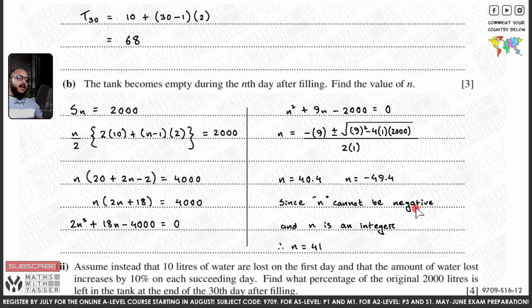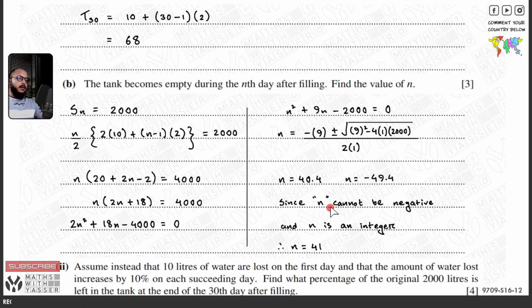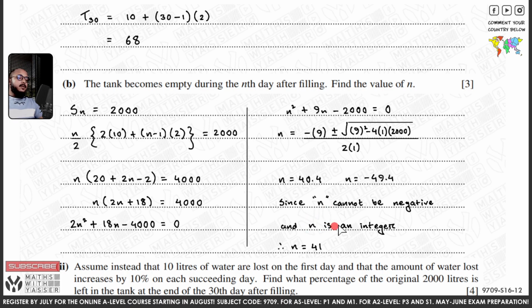But n cannot be negative because it tells us about the number of terms. And n is also an integer. So 40.4 will not be acceptable in this case. We need to find the nth day, and day is an integer number. So since it's more than 40, I'm not rounding it down.